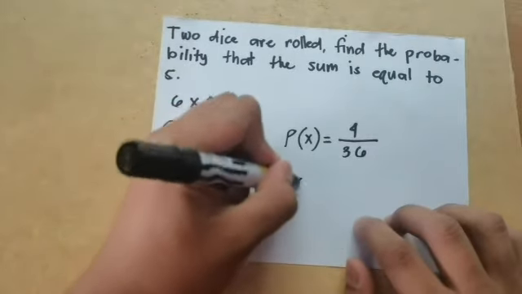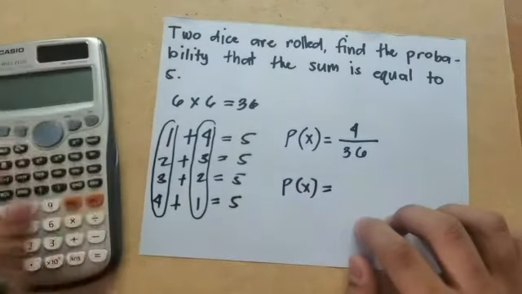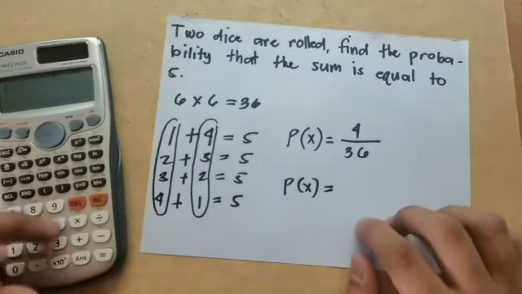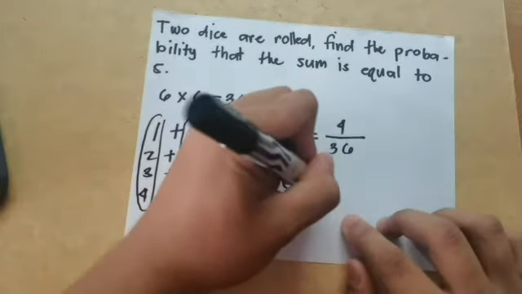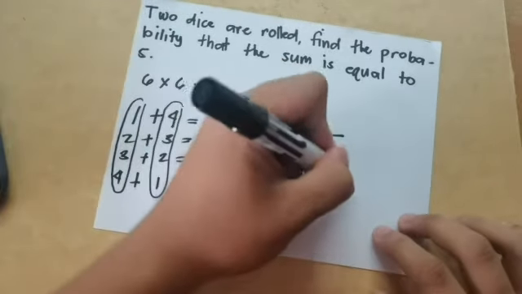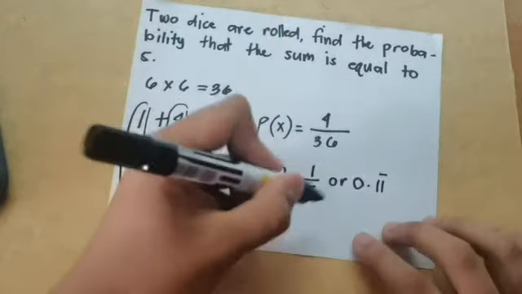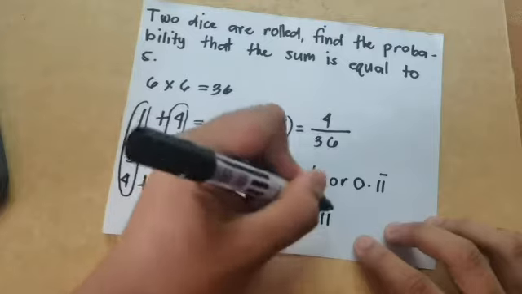So the probability is equal to, let me use the calculator, 4 over 36, 1 over 9, or 0.11, or 11%.